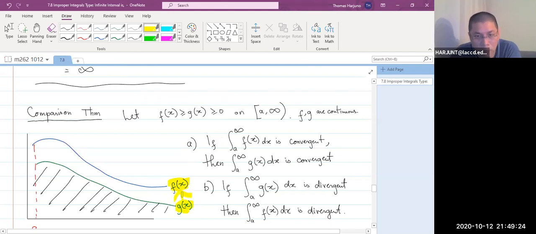Therefore, the bigger one must be divergent. But we cannot go the other way around. Simply because I'm smaller than you and I'm finite doesn't mean you must be finite. I'm not the one bounding you, you're the one bounding me. So you can still be infinity and I'm still finite.